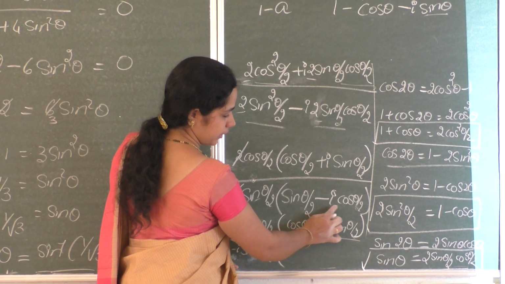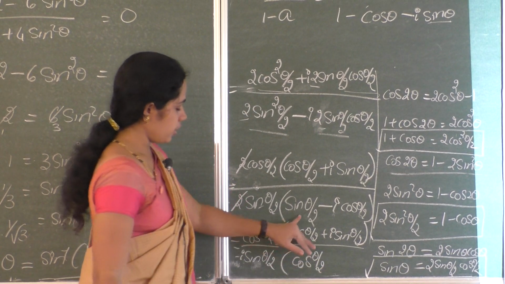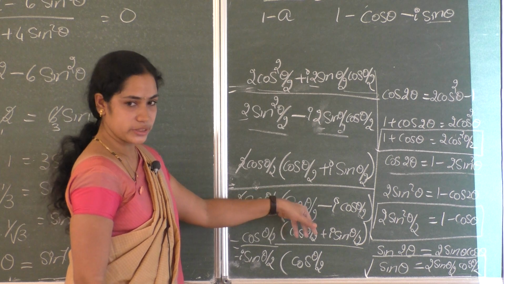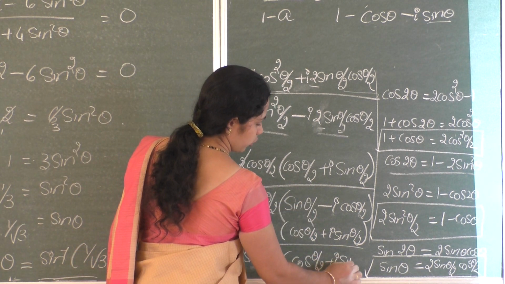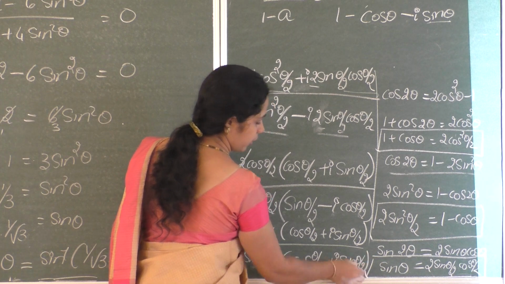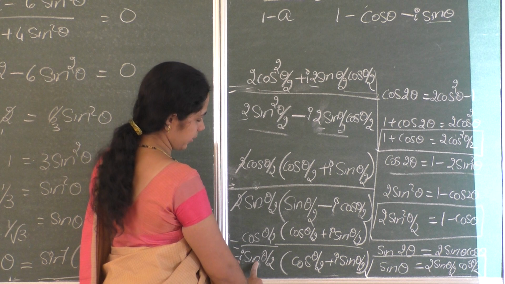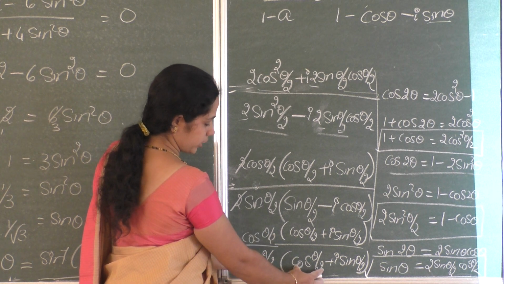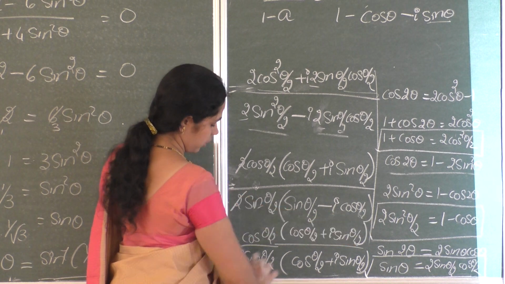Minus I is outside, so here remaining is cos theta by 2. Okay, minus I is taken outside from here, so we need to multiply by I. So plus I sin theta by 2. You can verify. See, sin theta by 2 is outside, cos theta by 2 into minus I is minus I cos theta by 2.